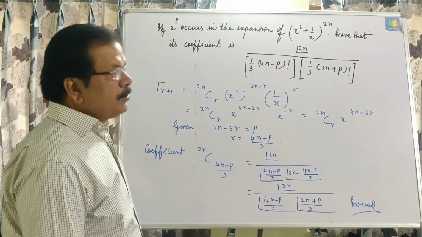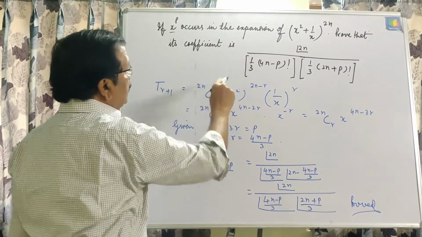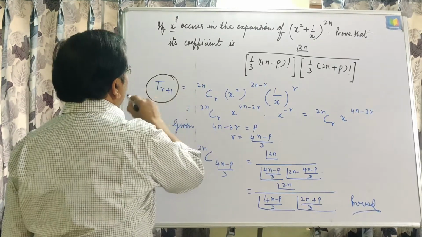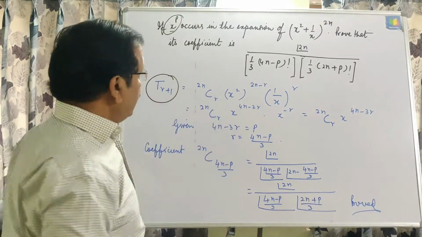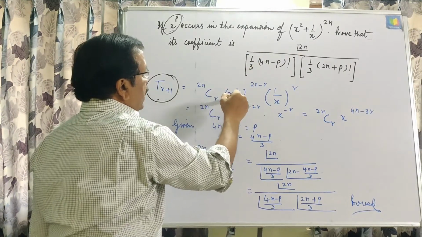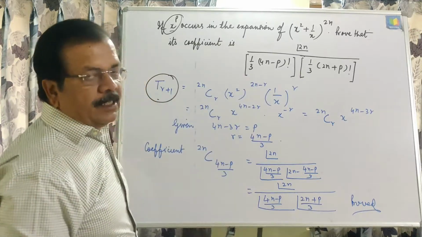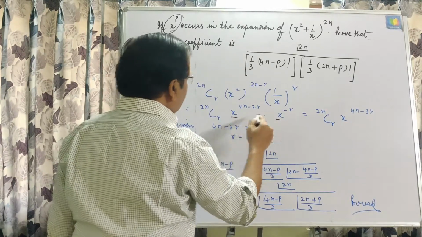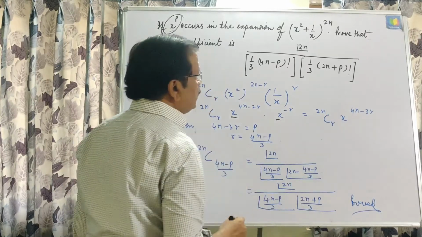This is a very important question. If x to the power p occurs in the expansion of this, prove that the coefficient is this. Let the Rth term contain x to the power p, and the Rth term can be written as 2n Cr x to the power this, 1 upon x to the power r, and then rearranging the powers of x, we get 2n Cr x to the power 4n minus 3r.